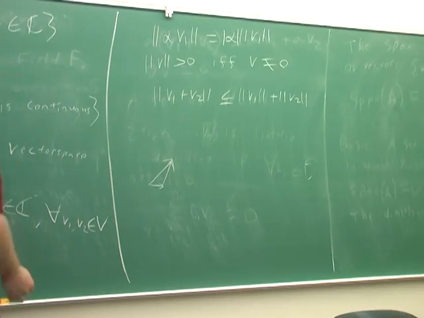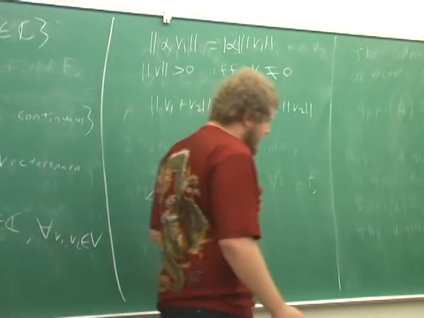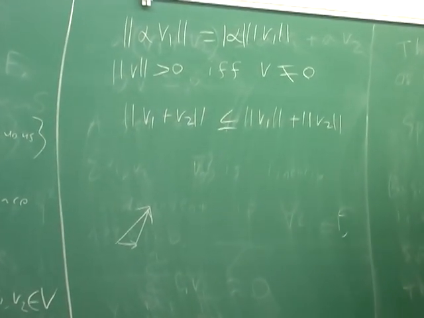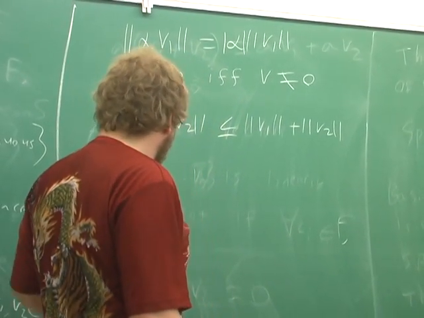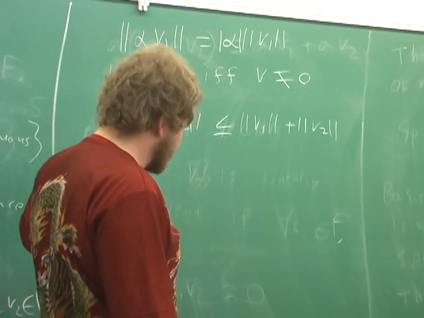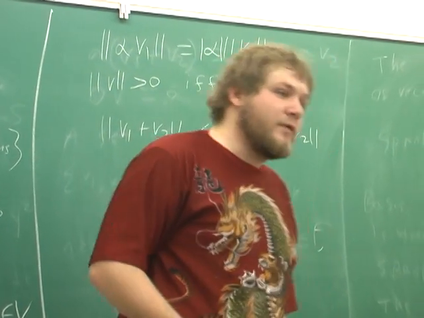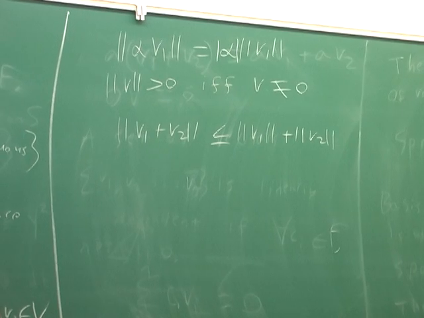And that's the geometric picture of why this is called the triangle inequality. We assume that it's true in a general vector space. And again, this definition of norm allows us to discuss very useful things like defining normed spaces.